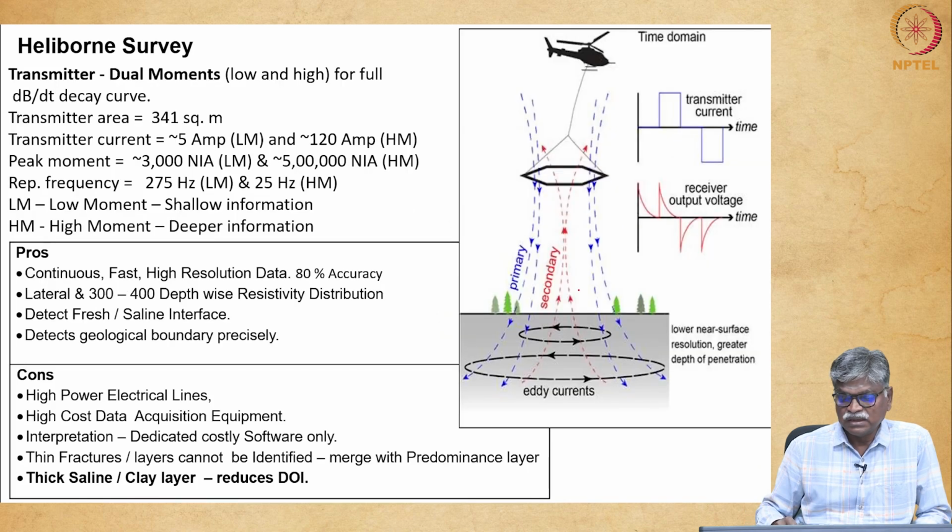If you get like that, just see the figure. The same loop is carried in the airborne survey also. Whatever loop you have drawn, the same loop, that is the ground TEM.